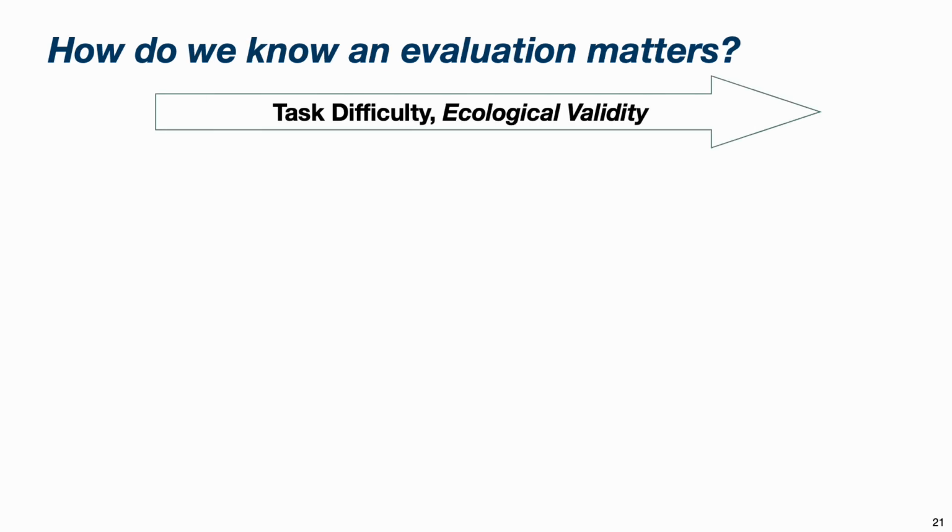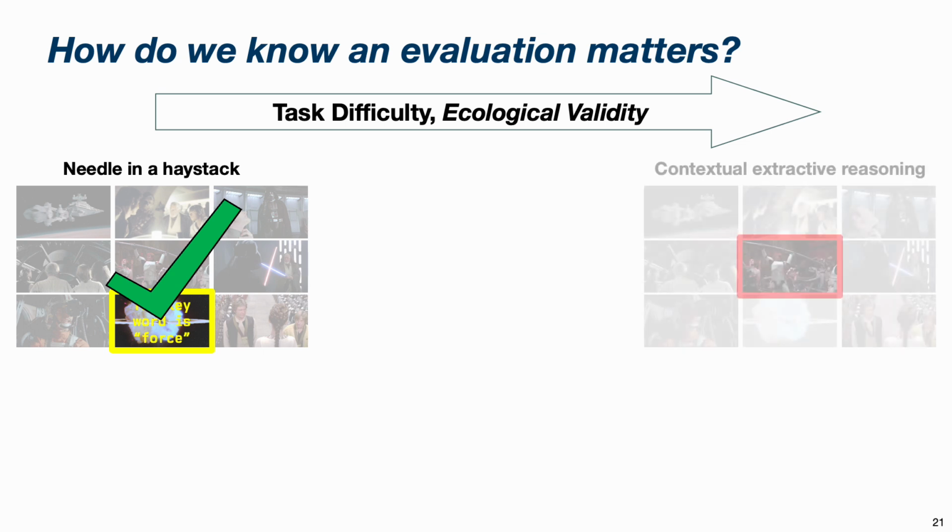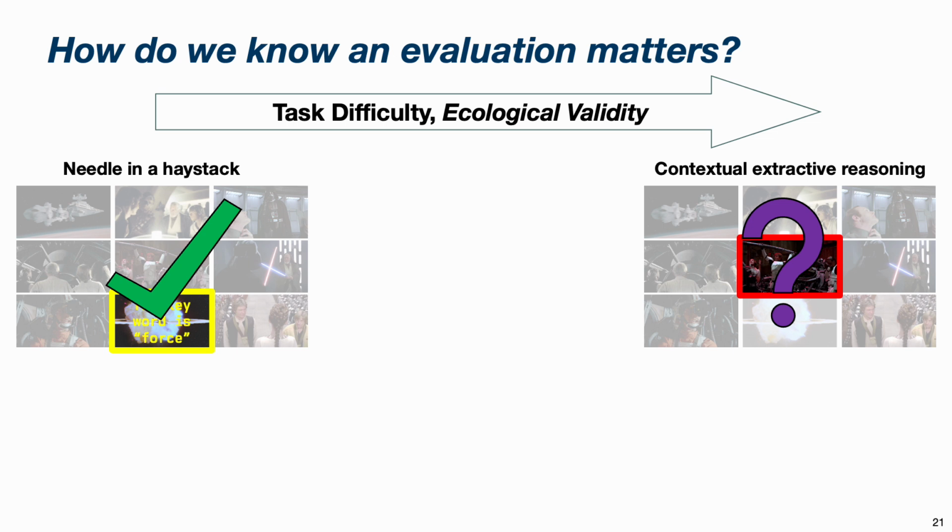So this is an attempt to answer the question of how we know if an evaluation matters. Because we have this continuum of task difficulty and ecological validity where we start with the simple needle in a haystack test. This is the thing that we already know how to evaluate, and we know that the model succeeds on it. Then we have the real world task that we really care about testing, the contextual extractive reasoning task.